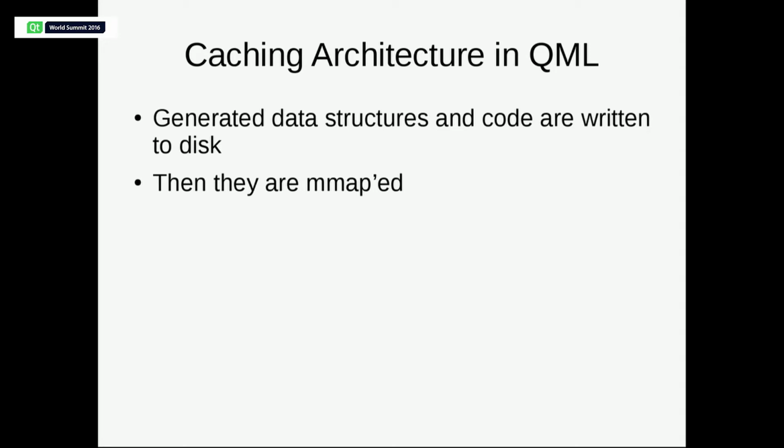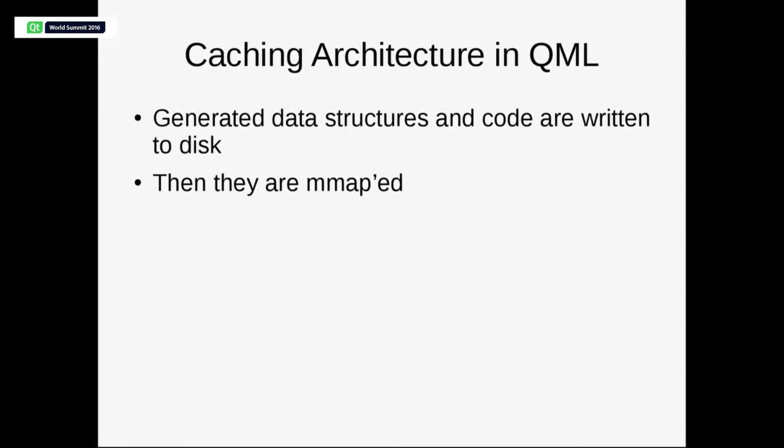So those data structures that I talked about, and the code that we generate, we do that once, and we write it to disk, and then we throw away our intermediate data structure we generated, and we go back and we mmap this file.